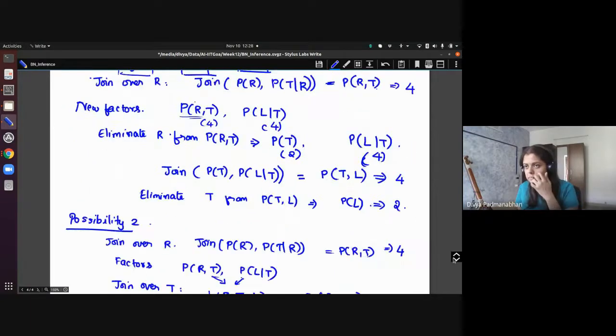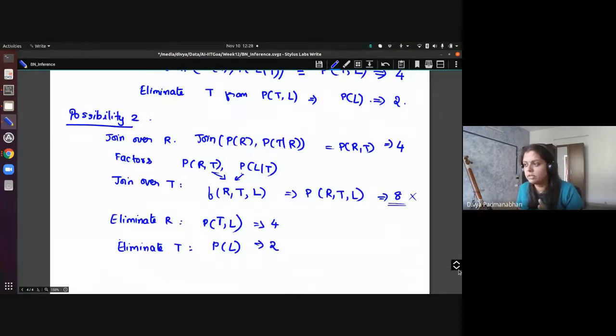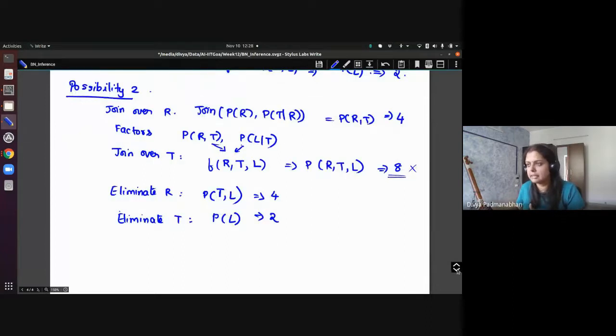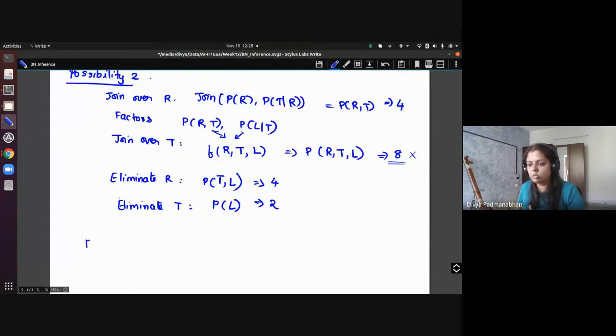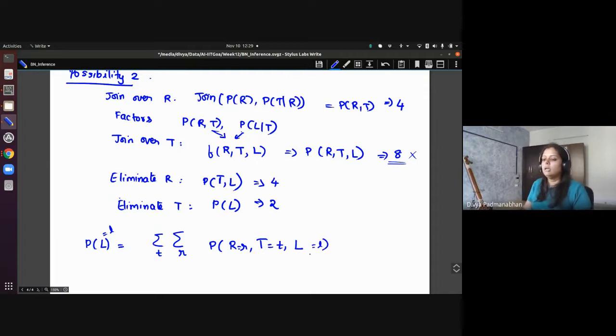Now let's see what is actually happening in these two possibilities. What we wanted was P of L, which was just a sum over T and R of P of R, T and L. Let me write it explicitly: P of R, T equals T and L, where some value of L is given.